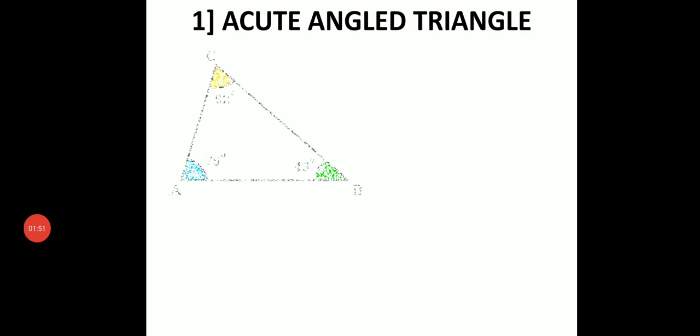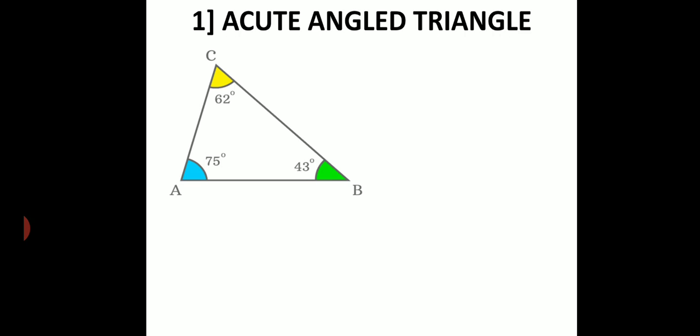Well, students, if you observe the first figure, that is triangle ABC, you all will notice that the measure of angle A is 75 degree, which is less than 90 degree. The measure of angle B is 43 degree, which is less than 90 degree.